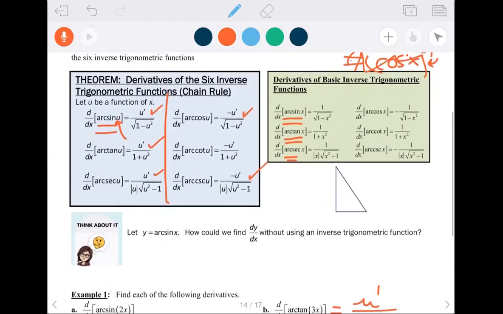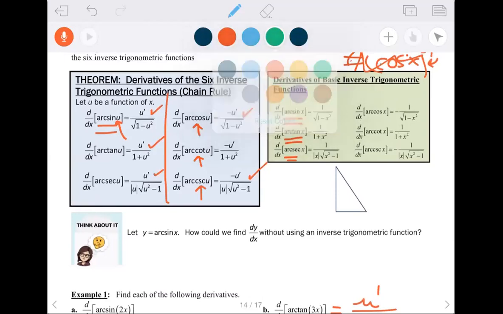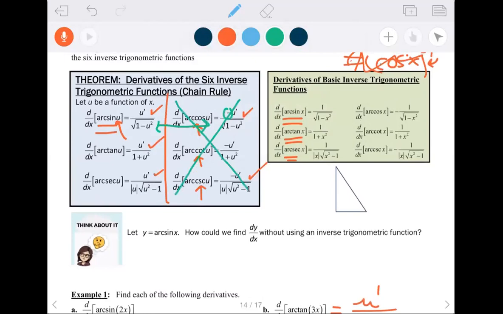You'll notice the cofunctions, cosine, cotangent, cosecant, are all exactly the same as the non-cofunction. The only difference is the negative. So all that does is say you don't really need to know these because cofunctions are just the negative of the actual ones.